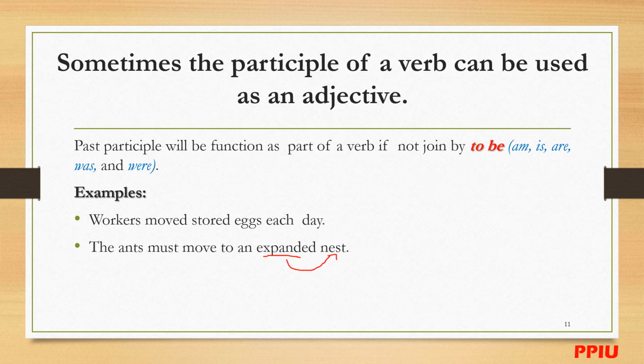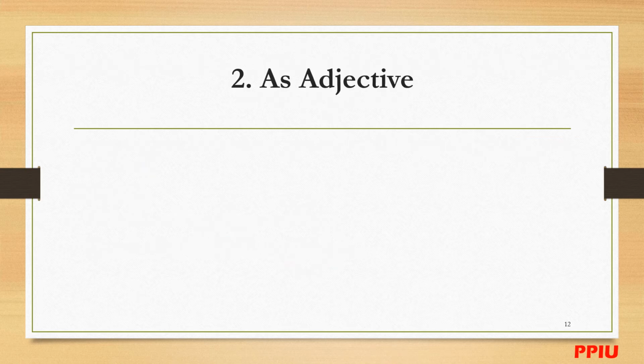Okay, in this one we can say move is a verb, but stored eggs, stored is an adjective modifying eggs. You got it? So I just clarify here: when it's not followed by to be, it acts as an adjective and modifies a noun here, right? Okay, as an adjective.